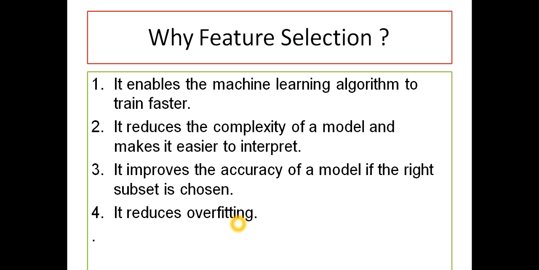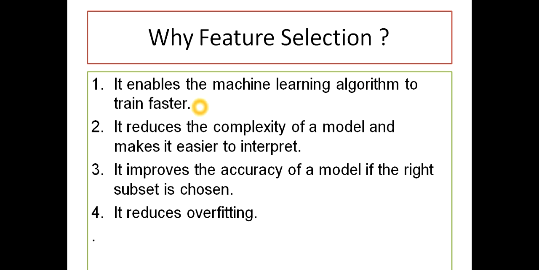Then why do we have to conduct feature selection? There are four important reasons, although there are many others. First, feature selection enables the machine learning algorithm to train faster.